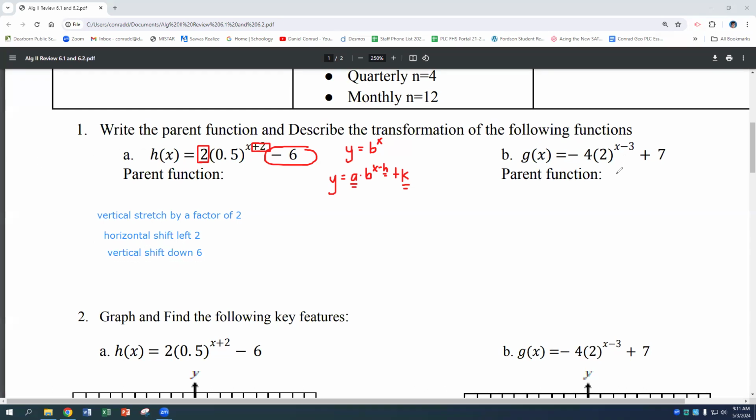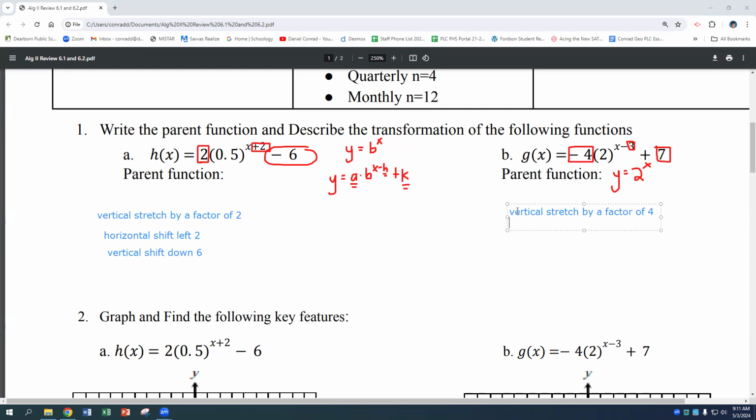All right, over here, parent function is going to be y equals 2 to the x. And then we have an a value of -4, an h value of 3, and a k value of 7. Our a value actually tells us 2 things because it's also negative. First thing is that this is a vertical stretch, because the absolute value of a is bigger than 1, right? 4 is a larger number than 1, by a factor of 4.